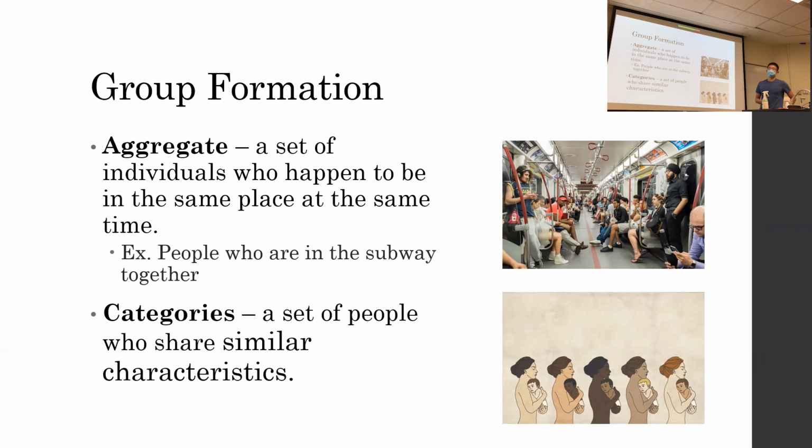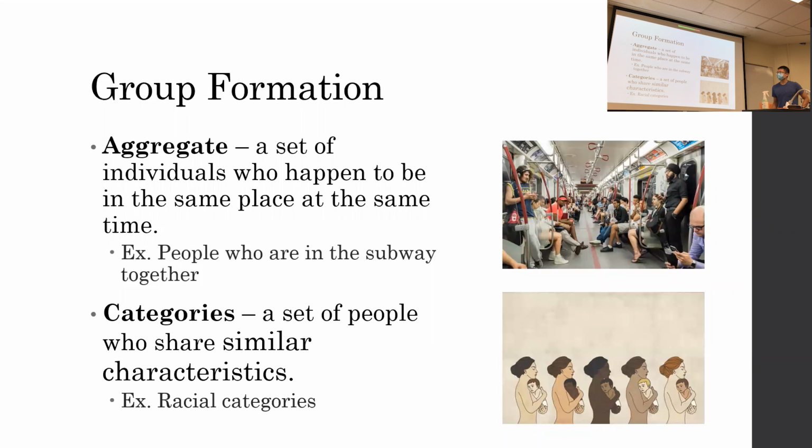Categories are a set of people who share similar characteristics, such as racial categories. You might share similar characteristics, but you might not identify as part of the group. Does that make sense? Okay, very good.